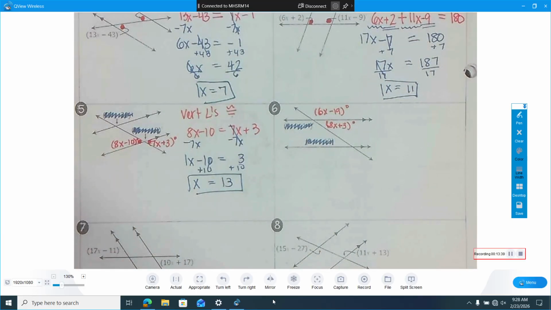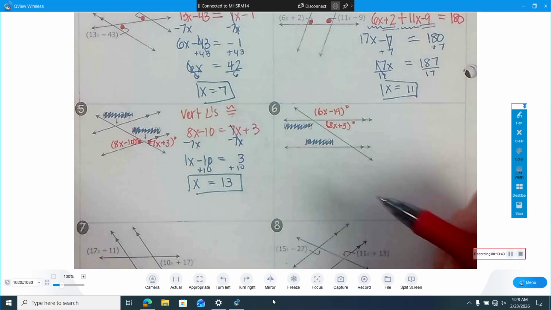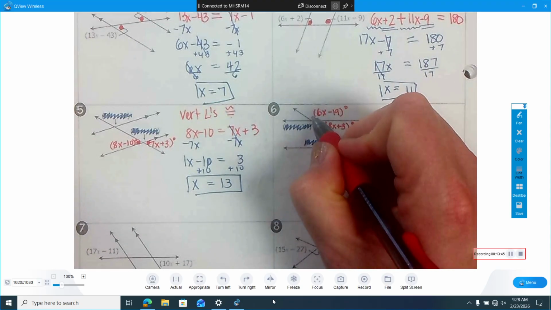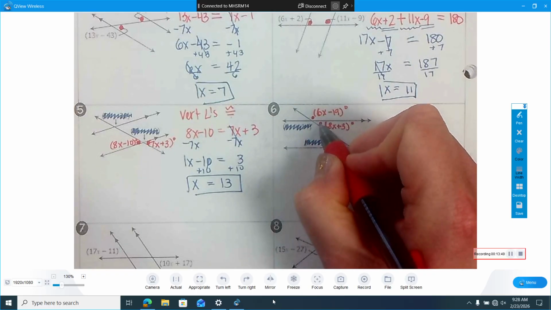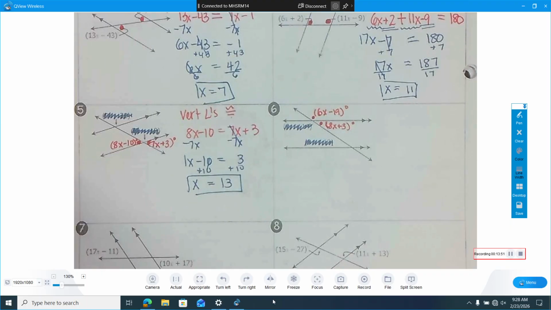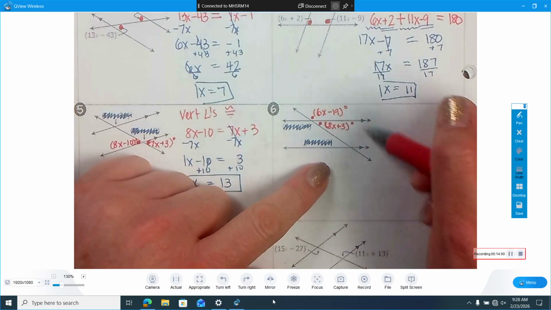So 6x minus 19 degrees and 8x plus 3 degrees. Now this angle is right here, that sort of top right, and then right below it, his neighbor. What kind of angles are those? Yeah, they are supplementary. They're not involving the parallel lines.